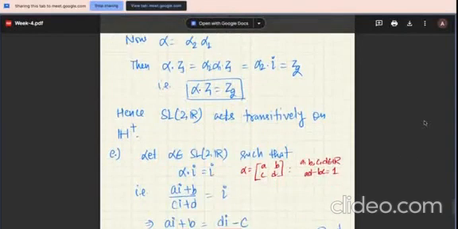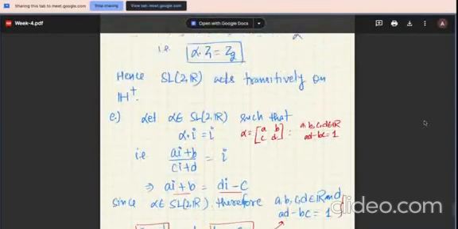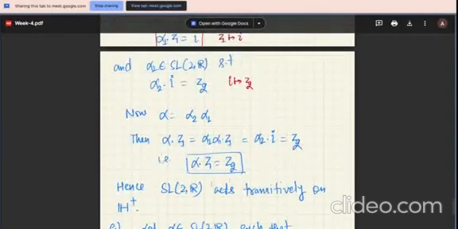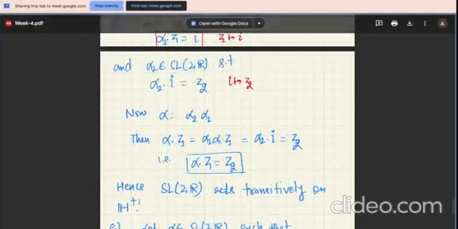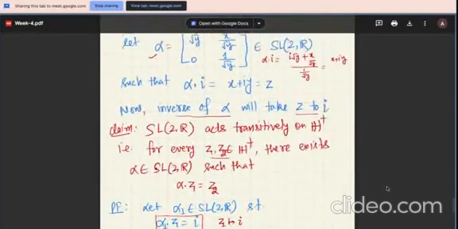So we can do this easily. So alpha dot Z1 is clearly Z2. So SL2R acts transitively on the upper half plane. Okay, so this is fine.